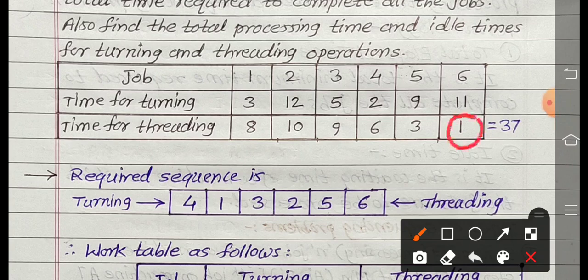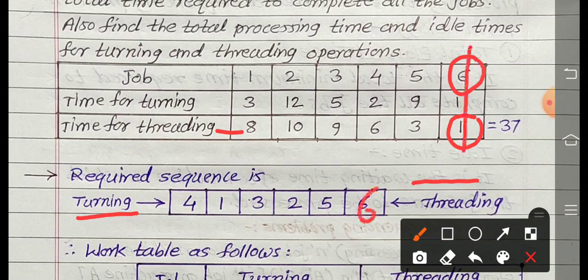This 1 is for which machine? The threading machine. Suppose this is the turning machine, time starts from left to right, and the threading machine time starts from right to left. So 1 is the minimum time, assigned to the 6th job on the threading machine, so we write it from right to left, the 6th at the last place. We cut this column.